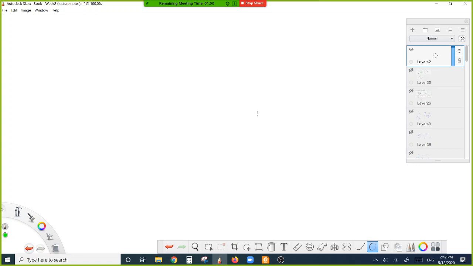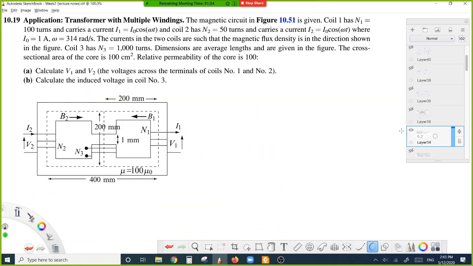Are you doing some problems by yourself or not? Look, what about this problem? We started doing this problem in previous lessons, but we didn't finish. Have you finished this problem at home or not?